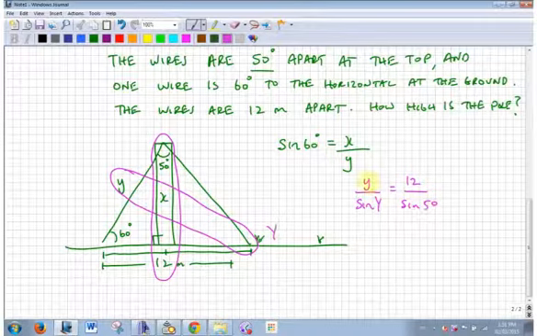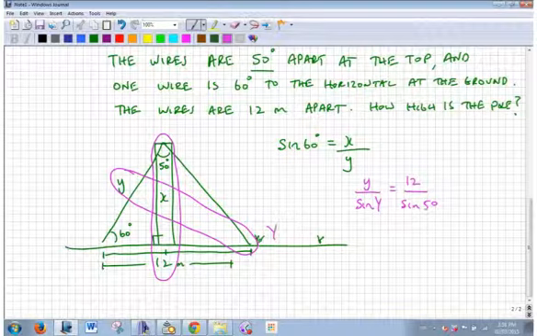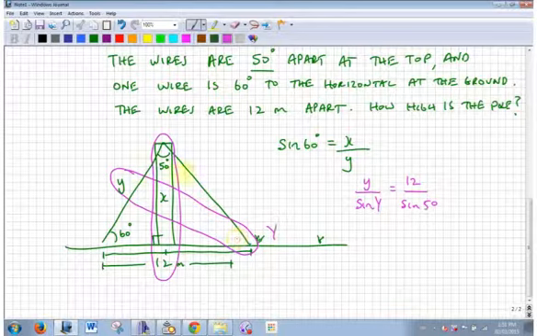But again, I have two unknowns there. How do I find out angle big Y? It's 180 degrees in a triangle. Yes, this is exactly what you did on the worksheet last day. So big Y is 180 minus 110.